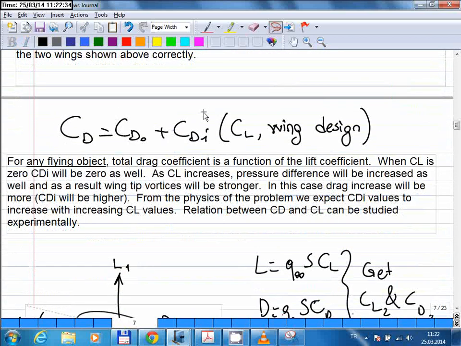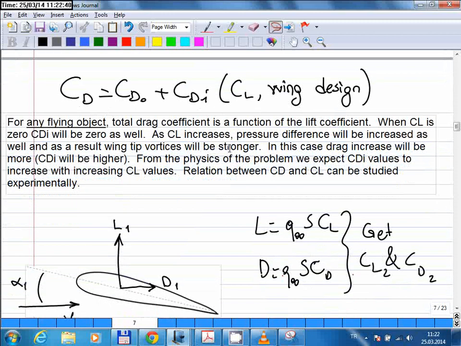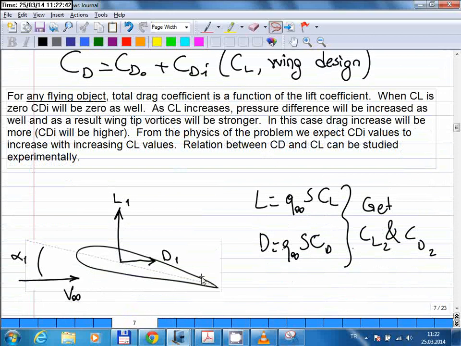And this relation can be studied experimentally. This is how you do it. You put your model in a wind tunnel, and you measure the lift and drag forces. Using these dimensional values, you calculate lift and drag coefficients.